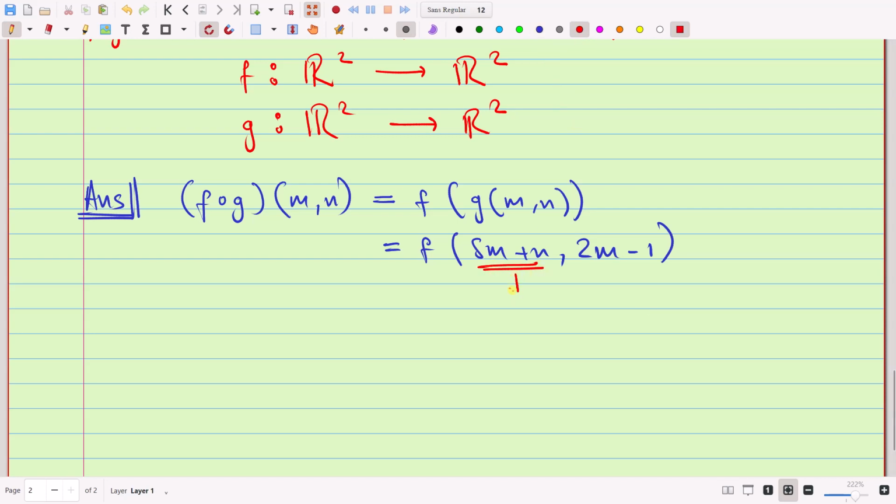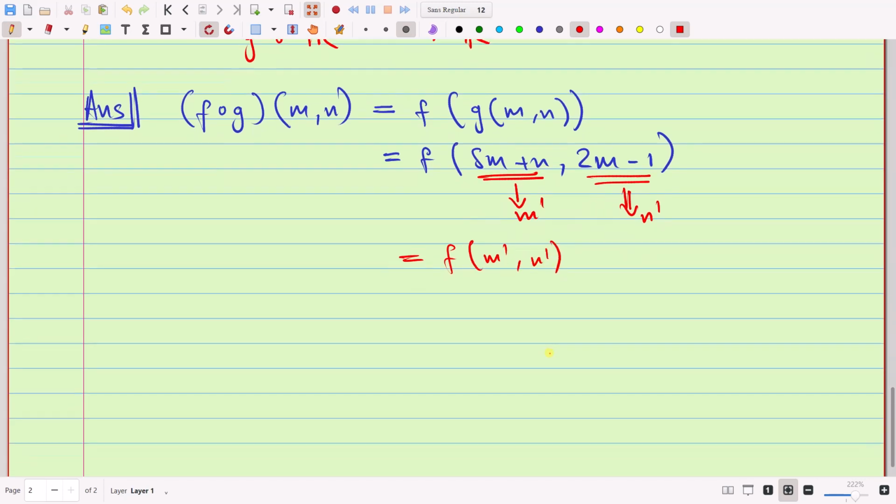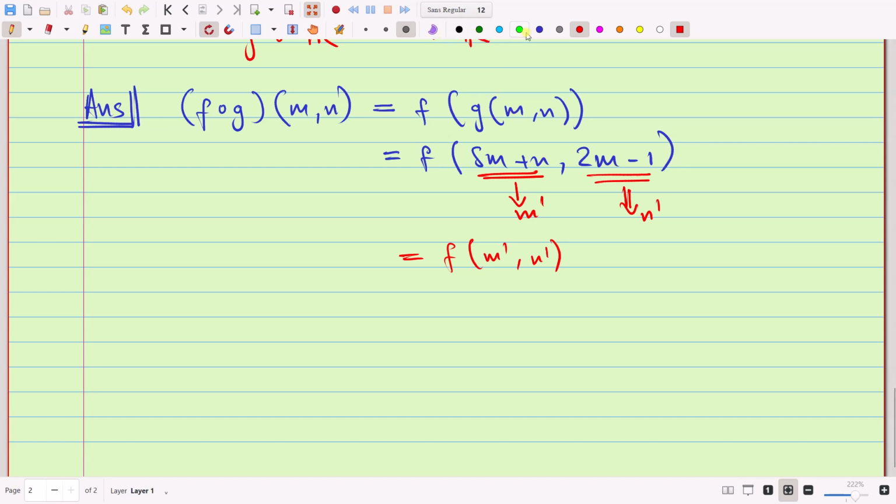Now you can refer to the first entry as a new m prime and the second as a new n prime. So what you're trying to evaluate is f of m prime, n prime.